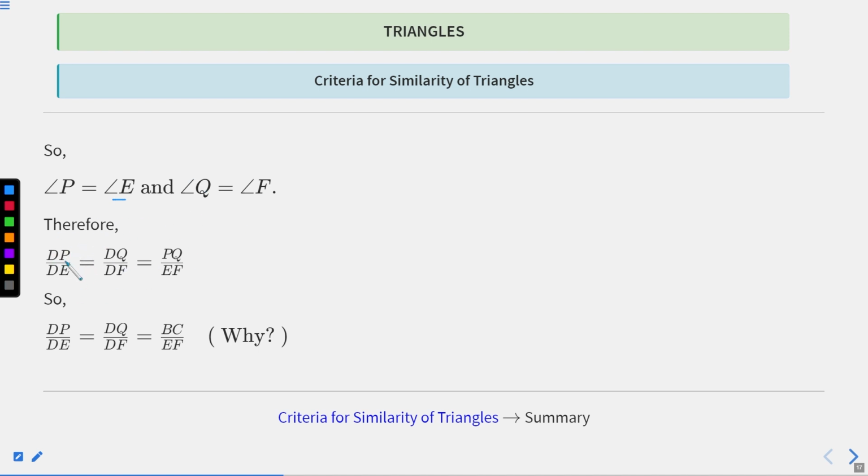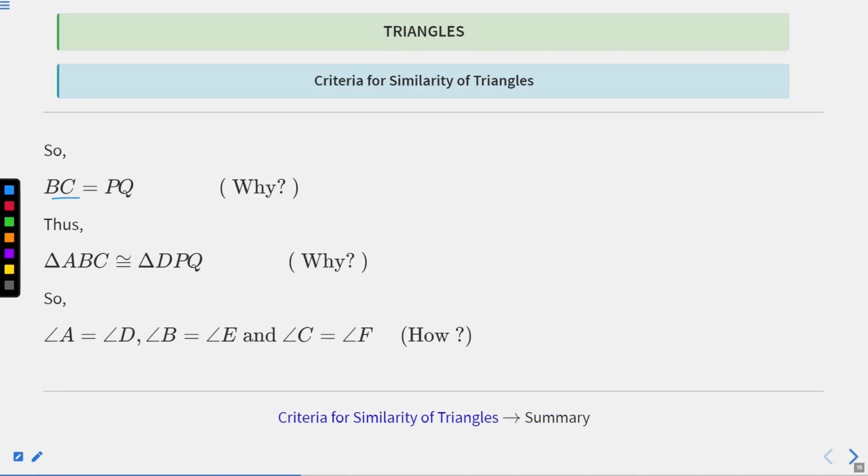So DP over DE is equal to DQ over DF, which is equal to PQ over EF. Why does this happen? Because PQ over EF, where PQ is actually equal to BC.